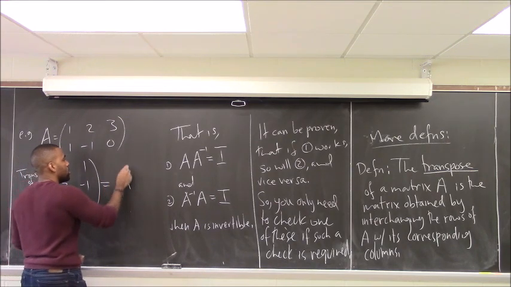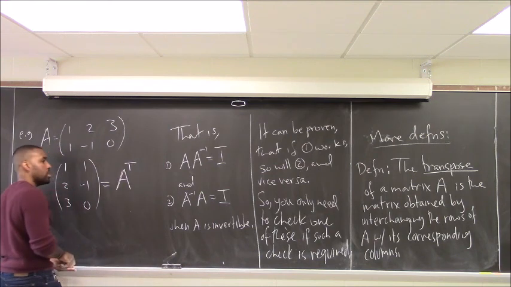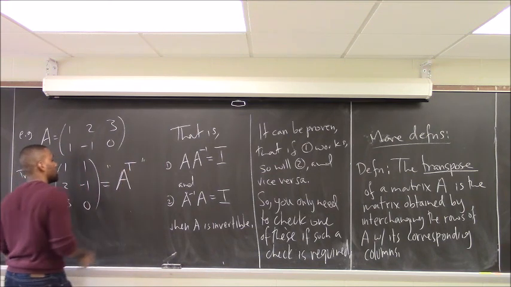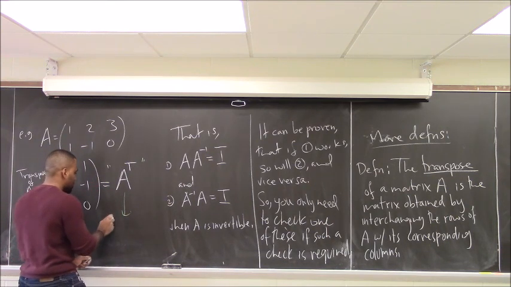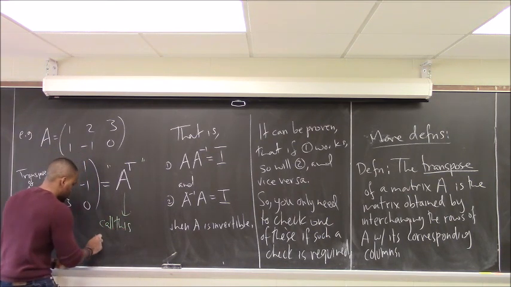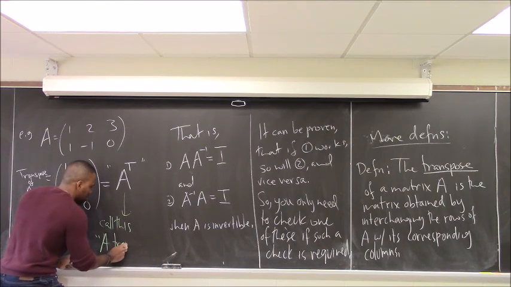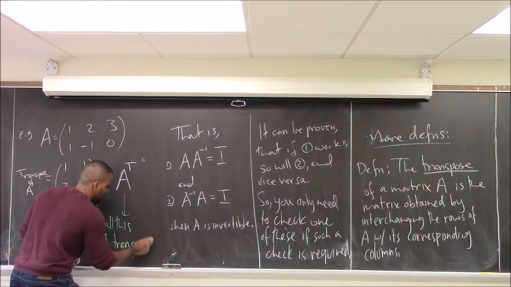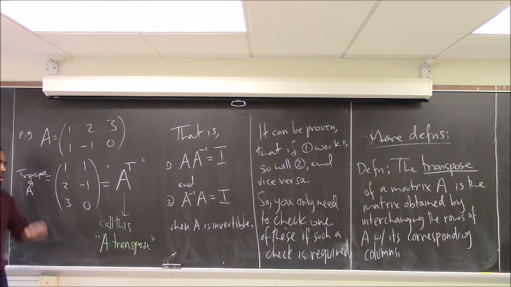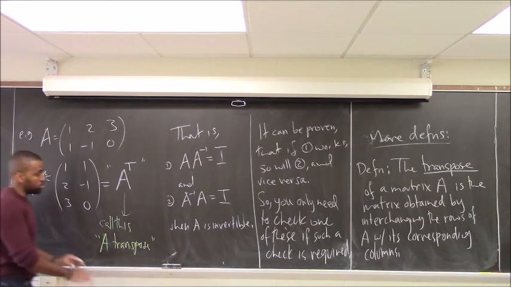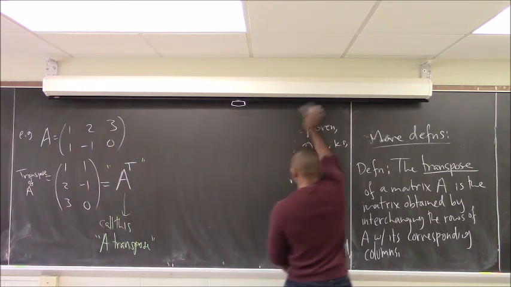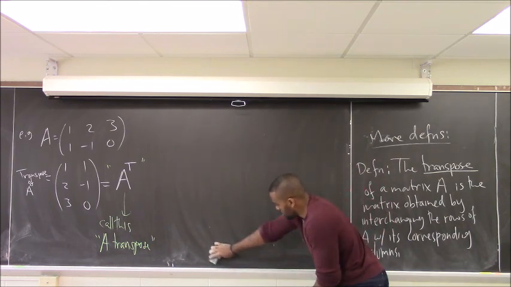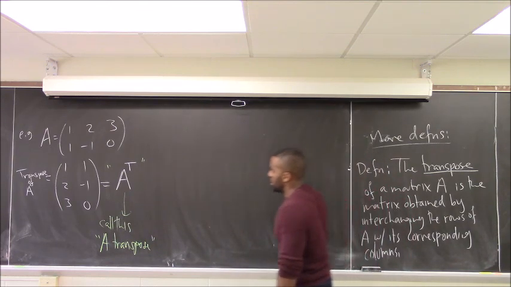We'd call it A with the uppercase T in the top corner. That's the notation. And we sometimes call this A transpose. So if I say transpose A, this is what I'm talking about: switching the rows and the columns. That we should know.